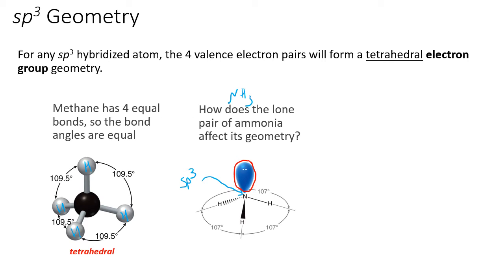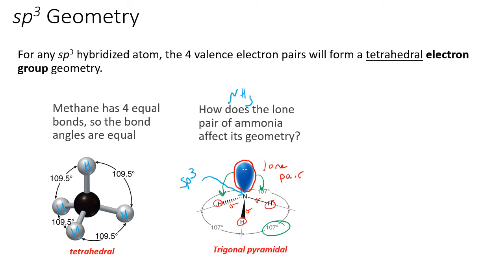So 3 of them are being used to overlap with hydrogen to form 3 sigma bonds, but one of those sp3 hybrid orbitals has this lone pair living within it, because a lone pair of electrons also has to reside within an orbital. And remember, that lone pair pushes down and shrinks the bond angles a little bit, so now they're about 107 degrees apart.